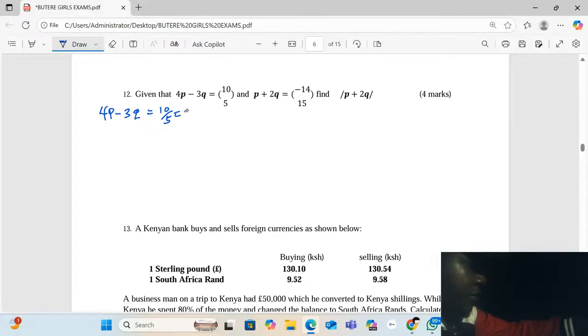So 10 over 5 is the same as 2. And that is it. Then p plus 2q.